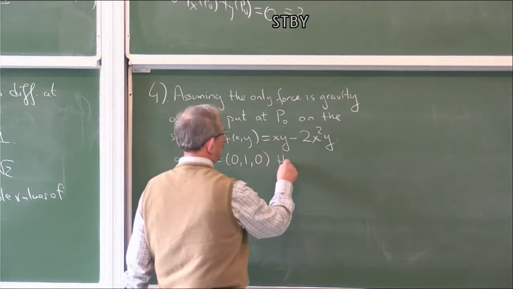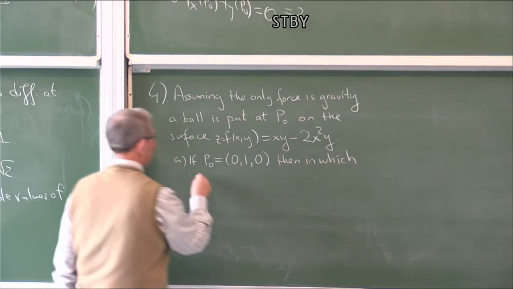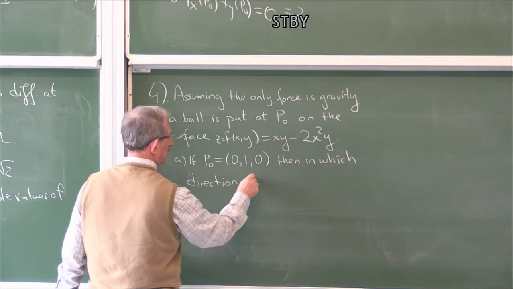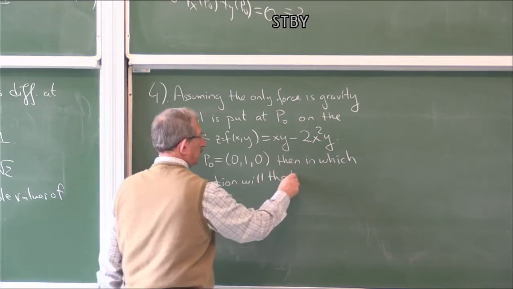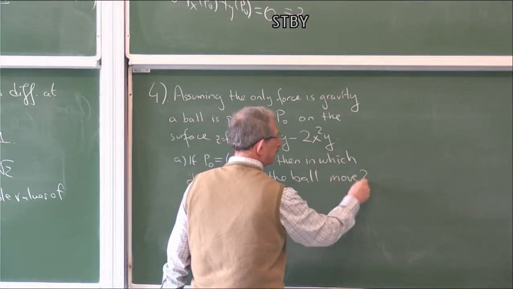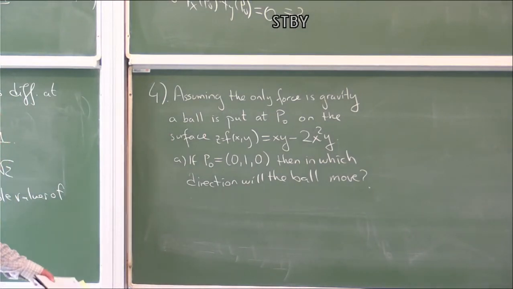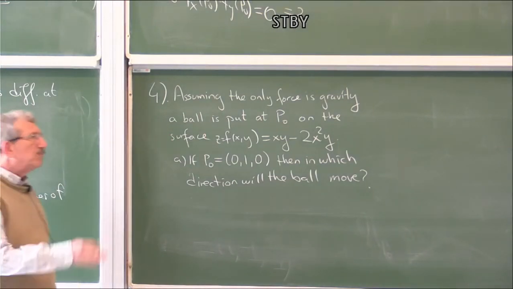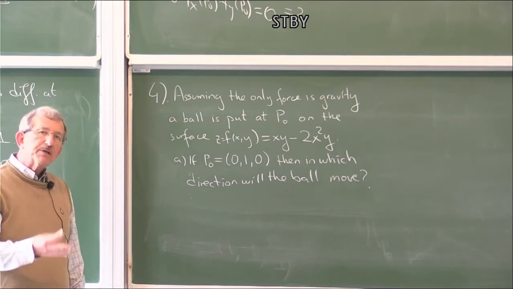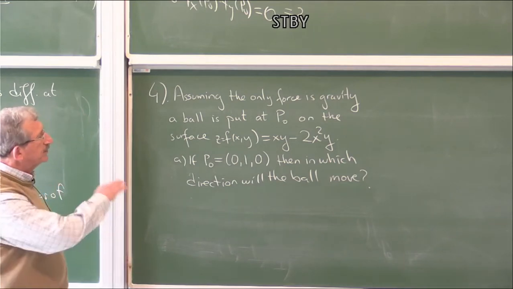Then, in which direction will the ball move or roll down? Of course, our logic, common sense, tells us that it will move in the direction where the slope is steepest and downwards, because this is a continuous surface.